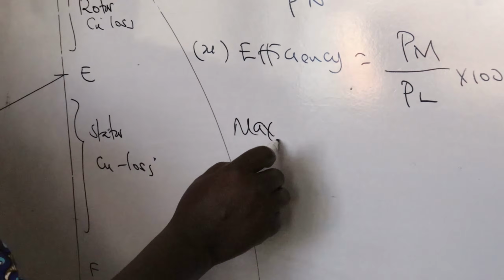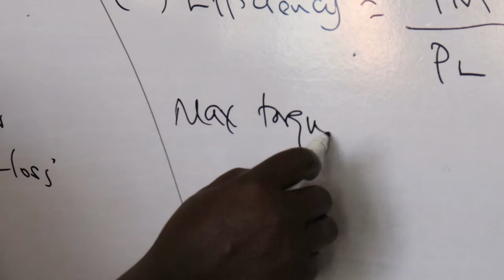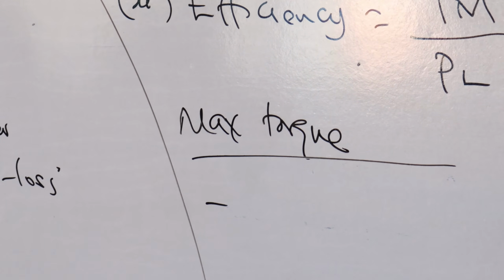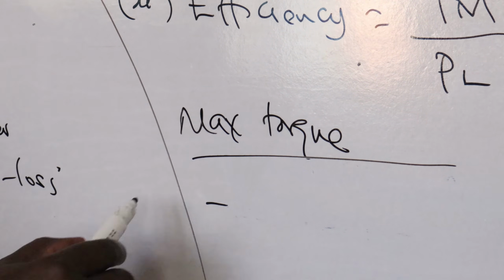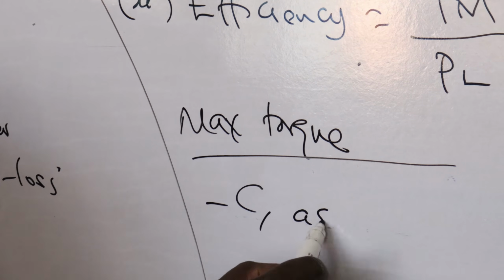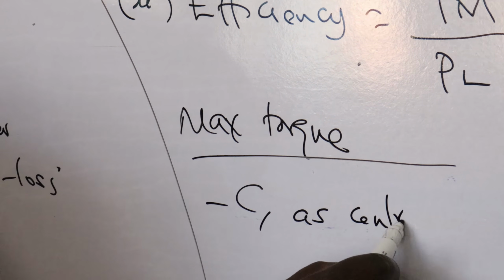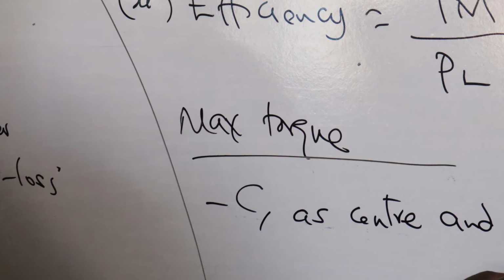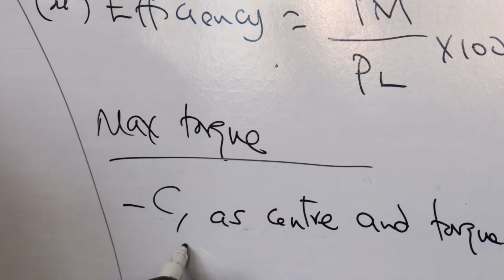Maximum torque. What do you do to get maximum torque? C as the center and torque line as reference.